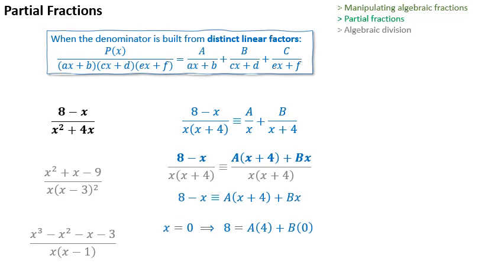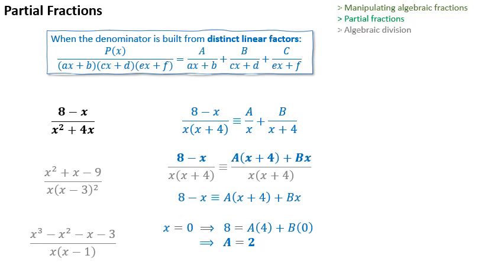In this case, choosing x equals 0 is not just a good idea because it's easy to just get rid of anything where x appears, but crucially, the term involving b is multiplied by x. So if x is 0, b disappears from the equation. We get 8 minus nothing equals a lots of (nothing add 4) plus b lots of nothing. Therefore, a is 2. We've got the value of a straight away.